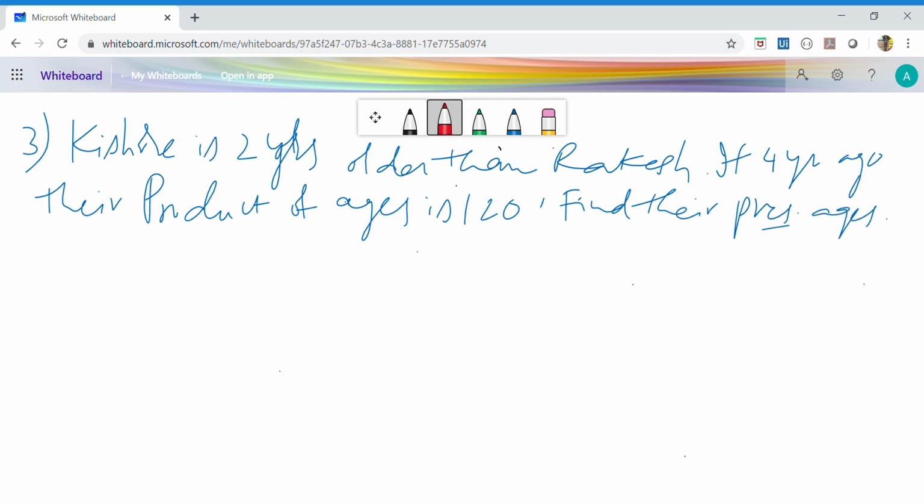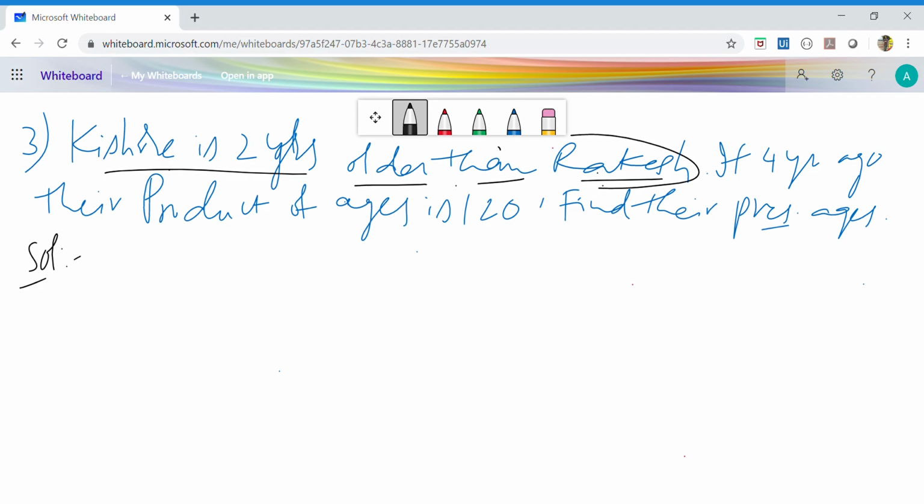So solution. Here also analyze the problem first. Kishore is 2 years older than Rakesh. Who depends on the other? Kishore depends on Rakesh, because if you know Rakesh's age, he is 2 years older than him. That's why you can add 2 years to Rakesh's age to get Kishore's age.